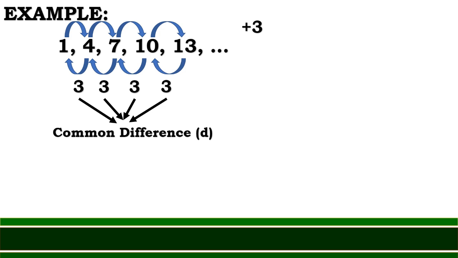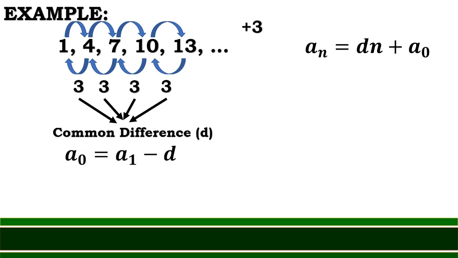So again, para makuha natin yung general form, alamin natin kung ano yung magiging value ni a sub 0. So a sub 0 is a sub 1 minus its common difference. A sub 1 here is 1, and your common difference is 3.